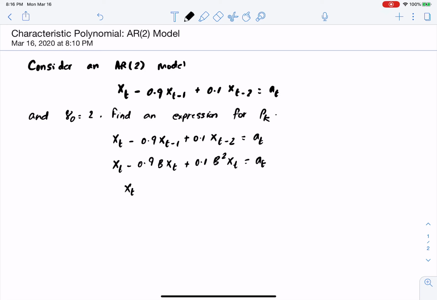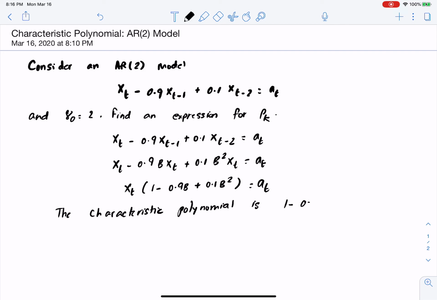x_t is in common, so (1 − 0.9B + 0.1B squared) x_t equals a_t. So the characteristic polynomial is 1 − 0.9B + 0.1B squared.